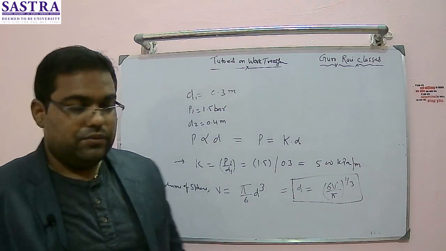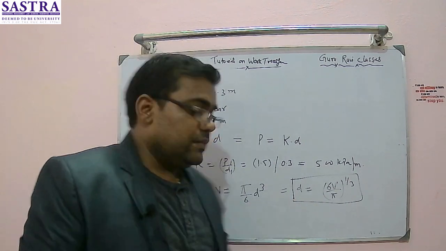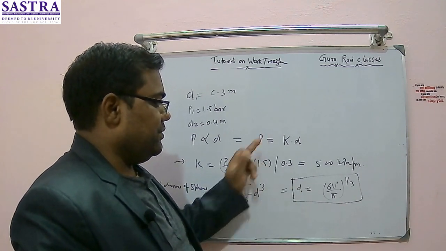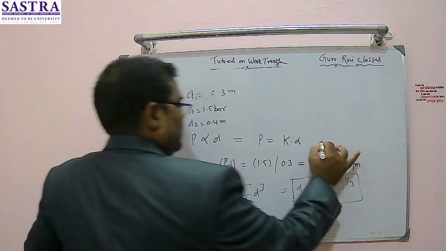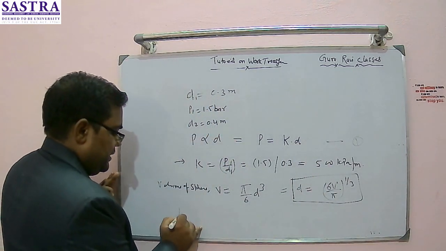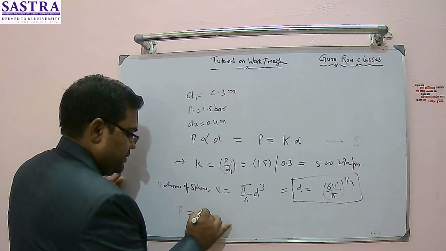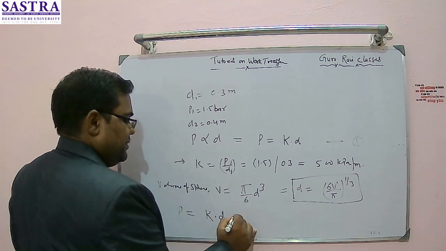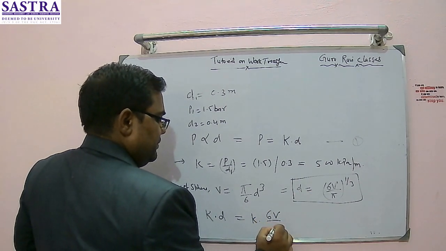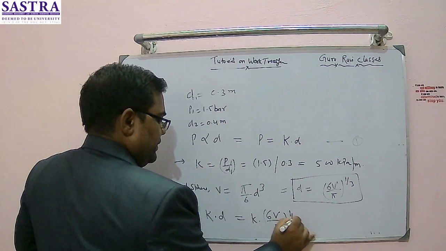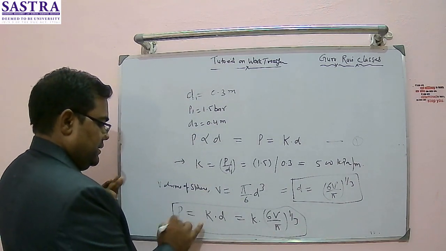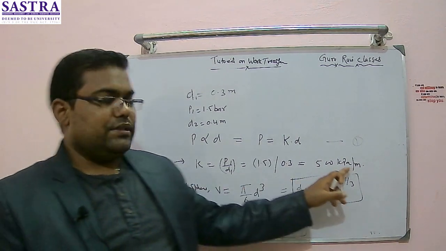Diameter is a variable, so with the help of this diameter, I can relate it here with P. So this is equation number 1. In equation number 1, if I substitute this, I can get P. P is equal to K times diameter. So this is K, and diameter is this complete value, 6V by pi to the power 1 by 3. So this is my pressure basically, right? K already I know, which is here.